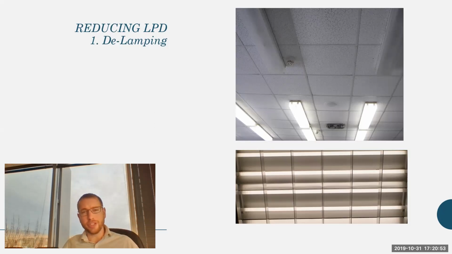Let's talk about reducing it. If you are tasked with this and you realize that the lighting power density is way too high, say it's like 1.5 for an office building, and you want to reduce that, one option might be as simple as delamping. If you have a whole bunch of fluorescent fixtures, but you don't need both bulbs in there, you're still getting enough brightness.